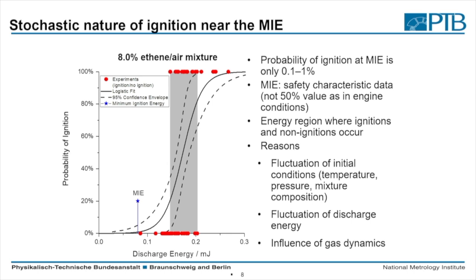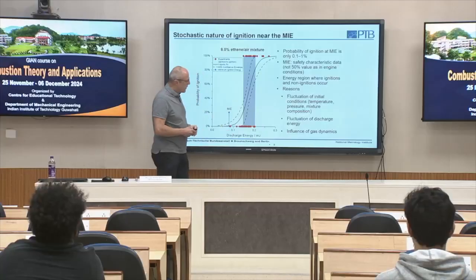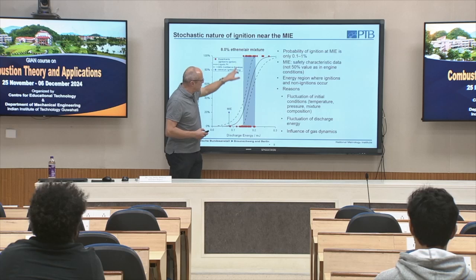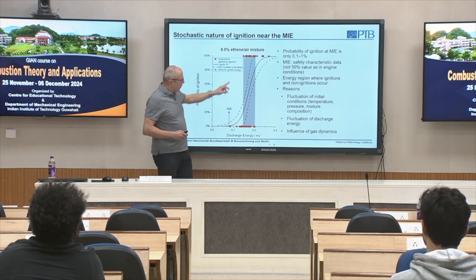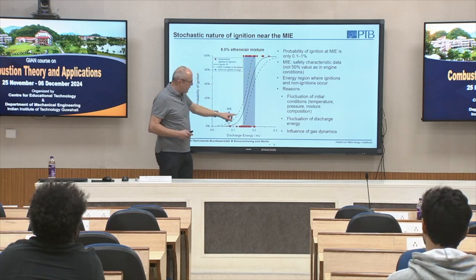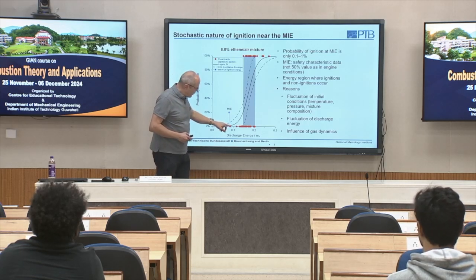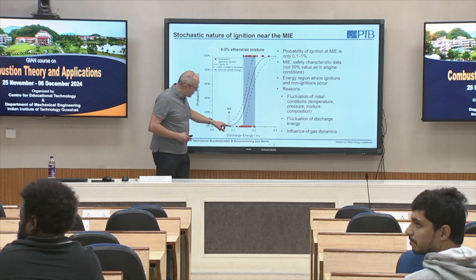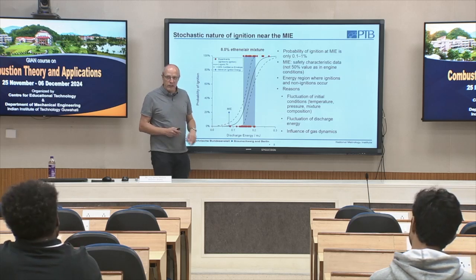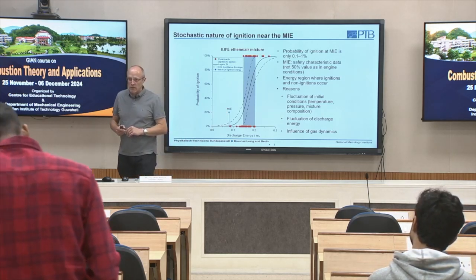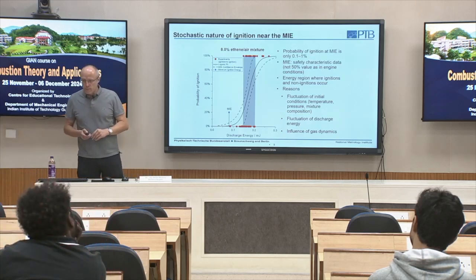So the ignition probability: here you have experiments where ignition has occurred, and here we have experiments where no ignition has occurred. There is an overlap here, and from this we can calculate a probability function, which results in an ignition probability of around 1%, corresponding to the experimental MIE value.